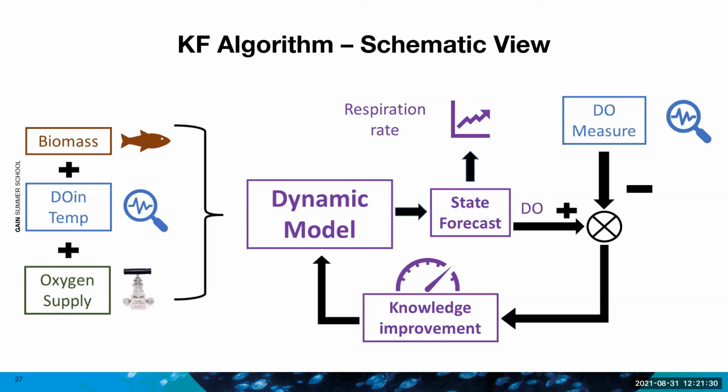But then you also have some measurement of the dissolved oxygen, so you can compare measurement and forecast. And you go to the Kalman filter, which allows you to improve the knowledge of the system, and you can improve your dynamic model. Doing so, at every step, because it's a sequential process, you also have an estimation of the respiration rate. So it's not only improving the forecast of the dissolved oxygen, it's also trying to have an estimation of the respiration rate.